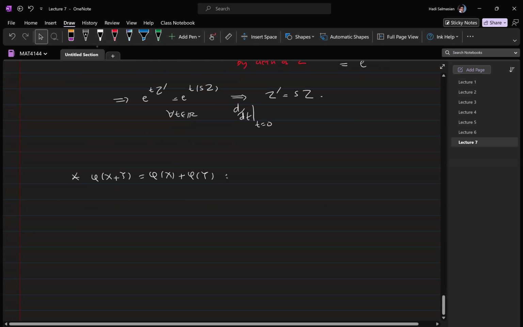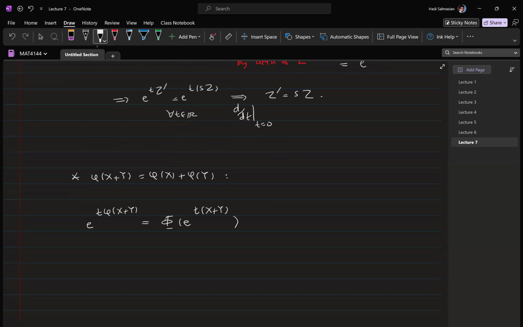Again, let's write the definition of this phi of x plus y. What we know by its definition, e to the t times phi of x plus y, is capital phi of e to the t times x plus y. It was the exponent defined under the image of phi for the one parameter subgroup.